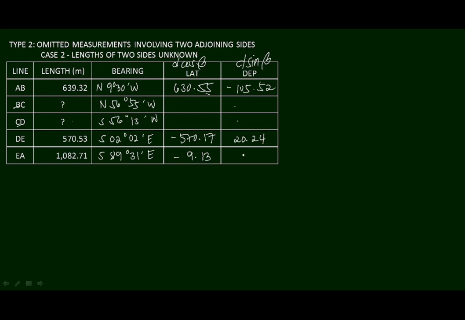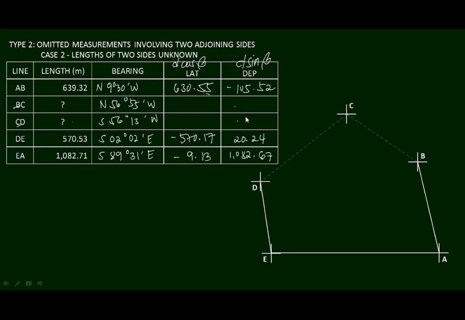And line EA is positive 1082.67. Okay? So, after na nakuha ko yung latitude and departure ng completed lines, ito yung itsura ng aking traverse. Incomplete yung data ni BC and CD. Kaya highlight ko siya ng blue.